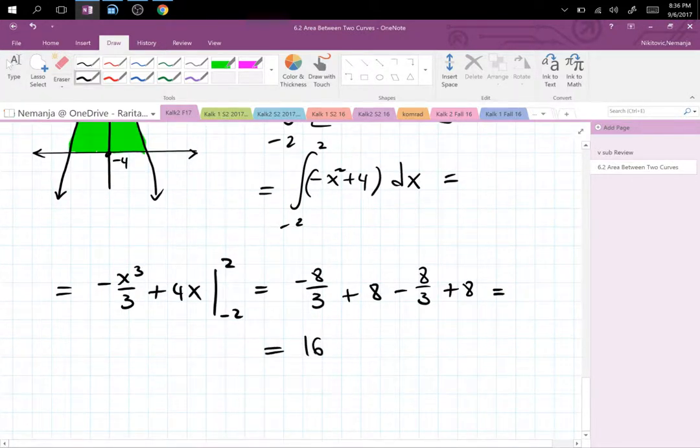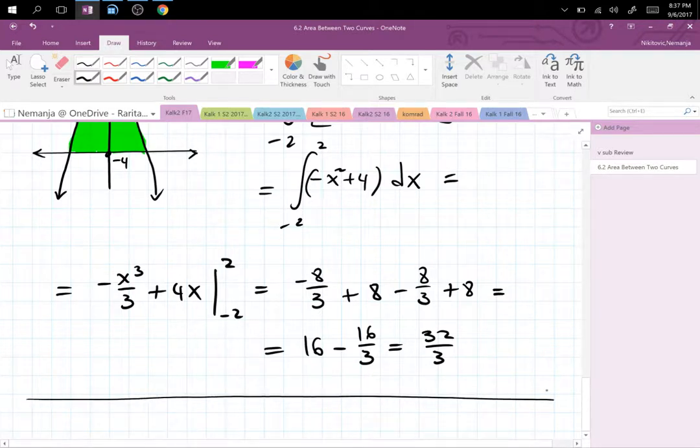So that's going to be 16 minus 16 thirds. And that should do it. 32 thirds.